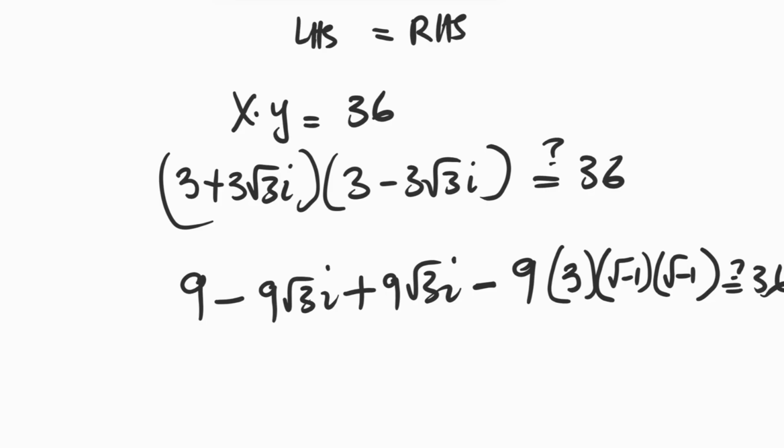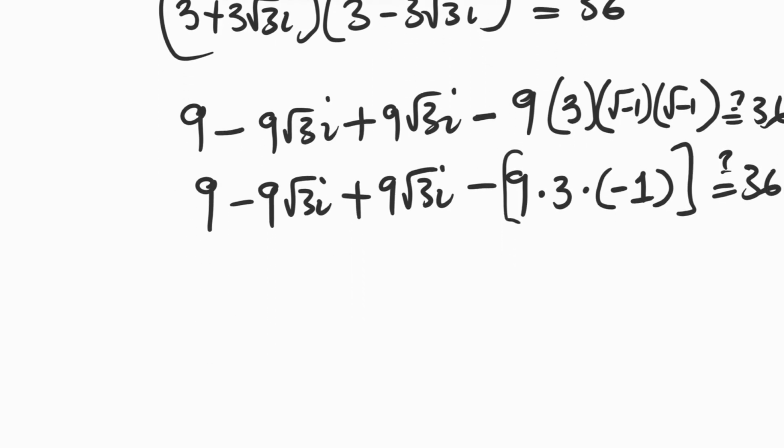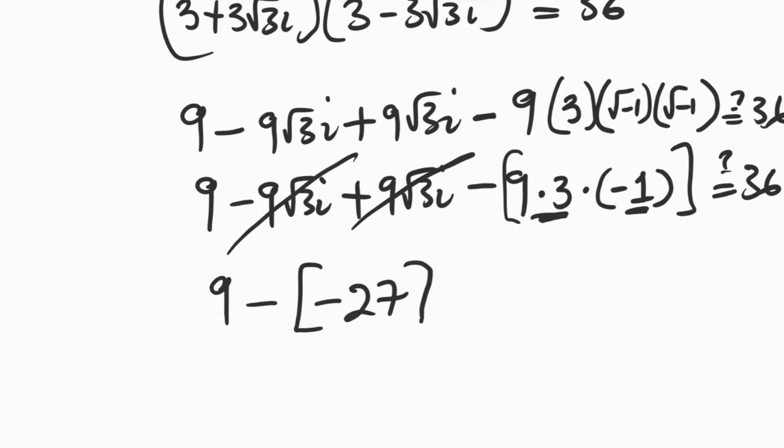Okay, now we have 9 minus 9 root 3i plus 9 root 3i minus 9 times 3 times root of minus 1 times root of minus 1 will give us what? Minus 1. And let us see if that's going to be equal to 36. So minus 9 root 3i plus 9 root 3i will cancel out. So we have 9 minus 9 times 3 is 27. 27 times minus 1 will give us minus 27.